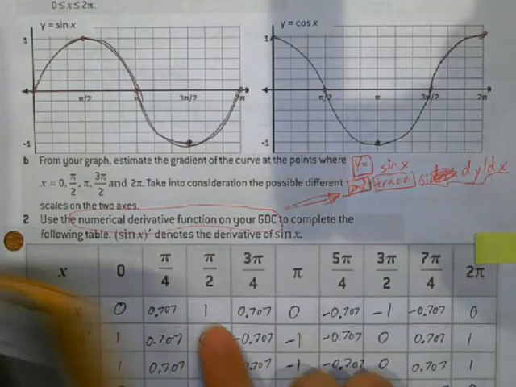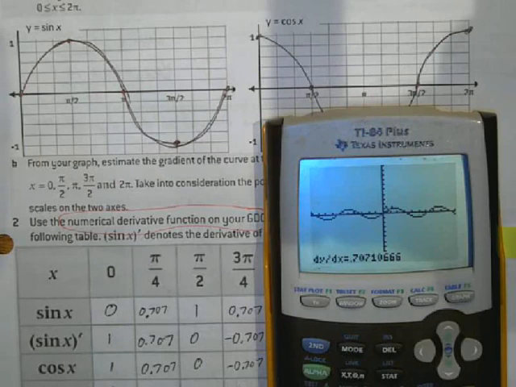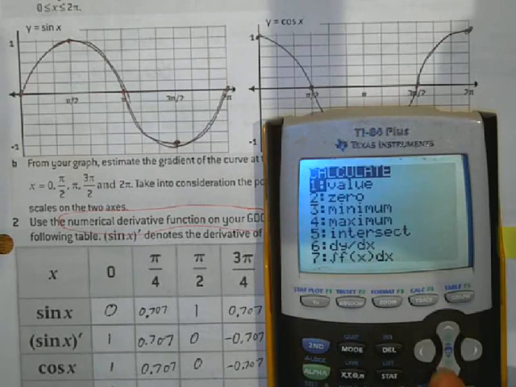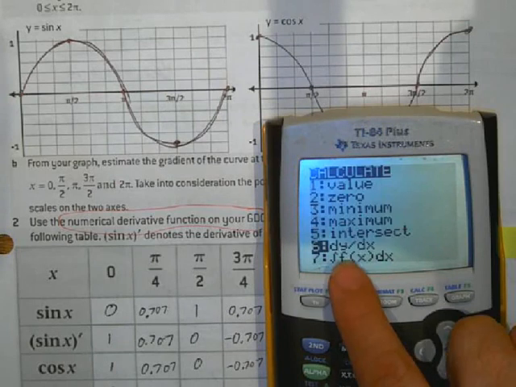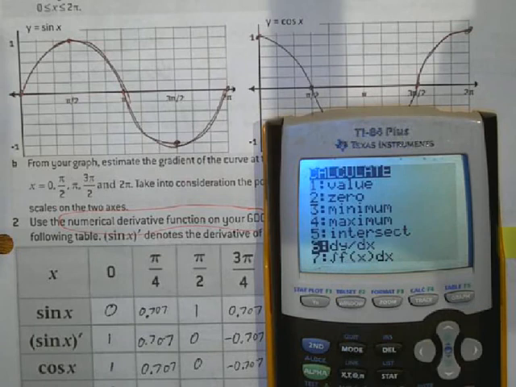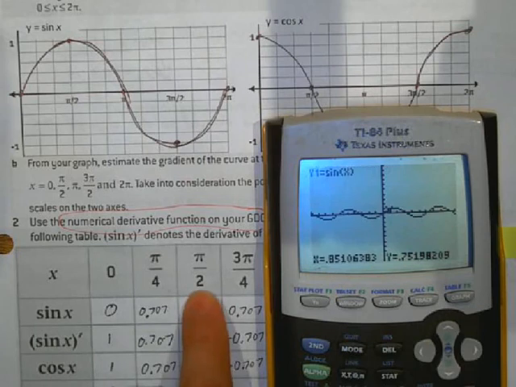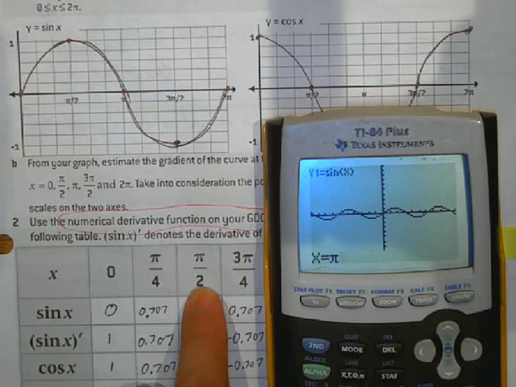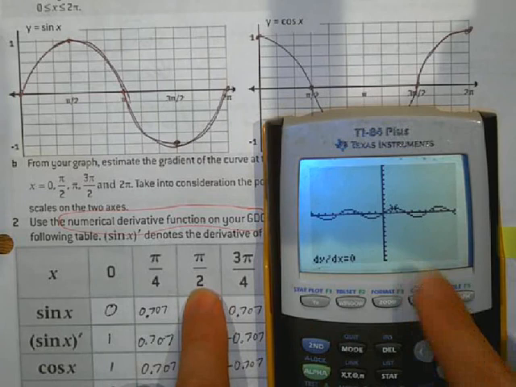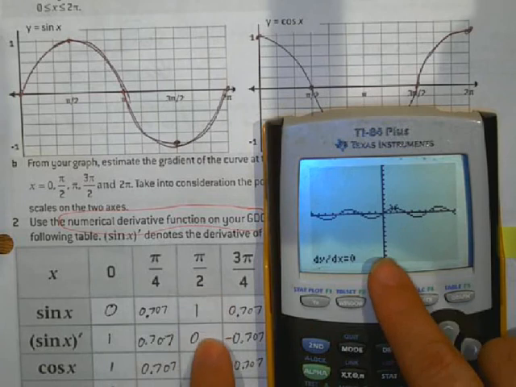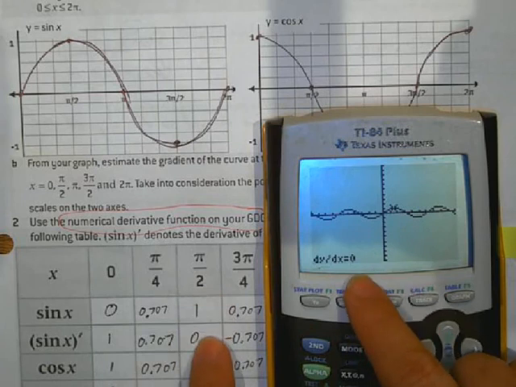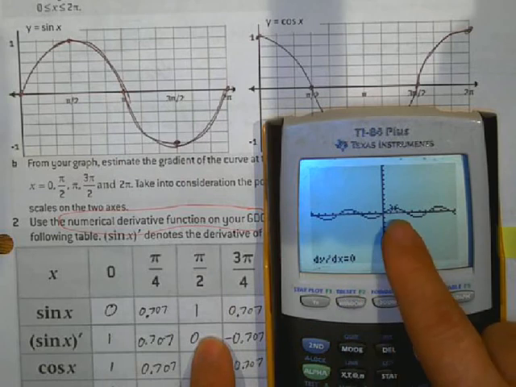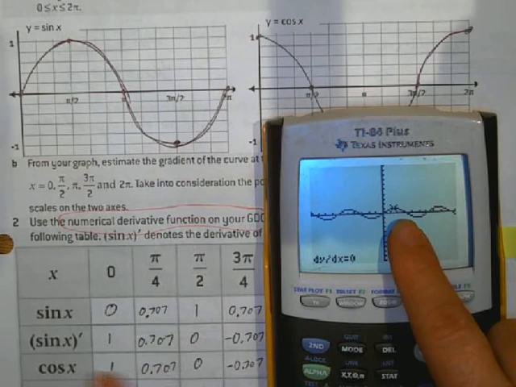So let me do that again. Second trace, I'm going to go down to number 6 where it says dy dx, hit enter, and now I'm going to find it at pi over 2, so I type in pi divided by 2, enter, and now it tells me that the derivative here is 0.